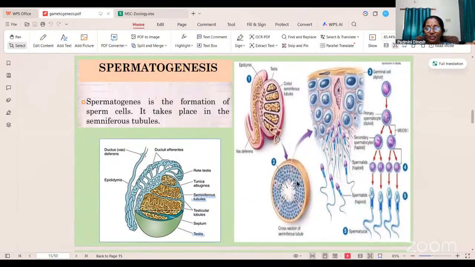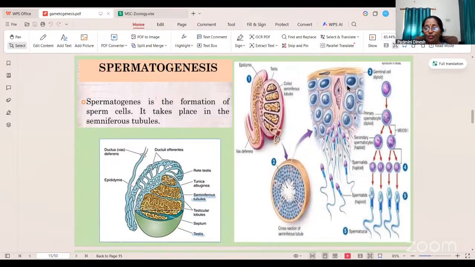In this picture, a magnified part of this portion, this is the germinal cell, which has a diploid number of chromosomes, that is 46. In between are Sertoli cells, which nourish these cells.